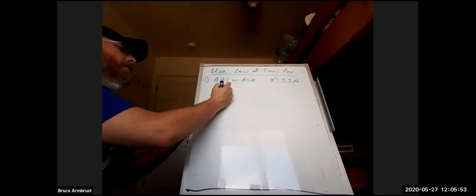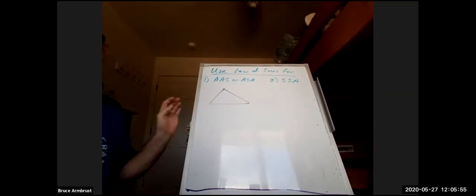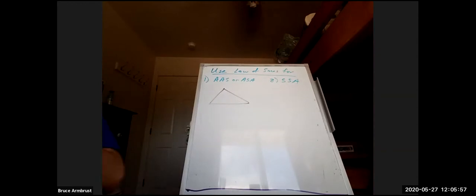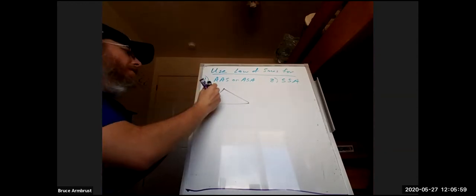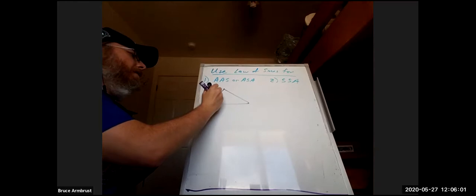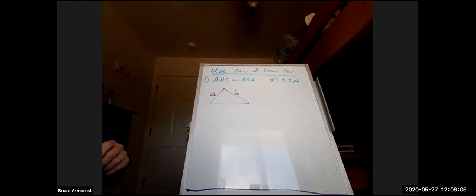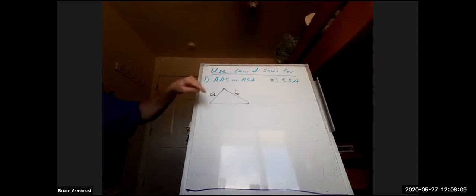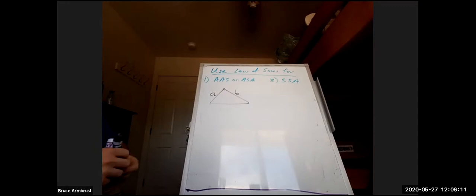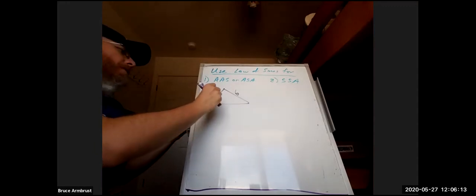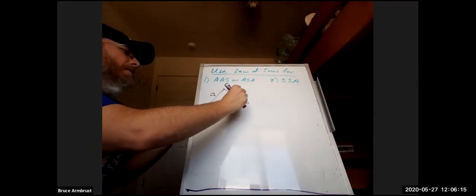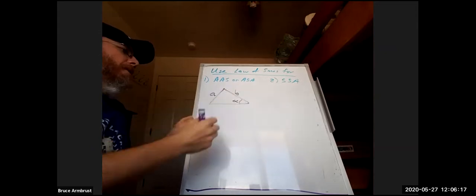Let me real quick draw a triangle here. So here's the deal. We've got two sides, so let's say we've got these sides that are A and B, and then the angle has to be an angle that's not in between them. Just for the sake of having one, let's just say it's this guy, alpha.